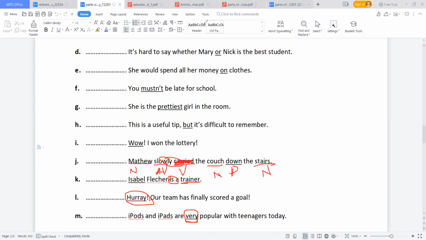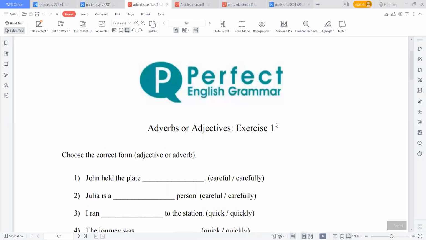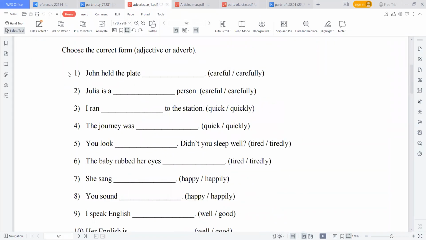Okay, let's move to the next one. This is the most important because students generally have confusion between adverb and adjective.